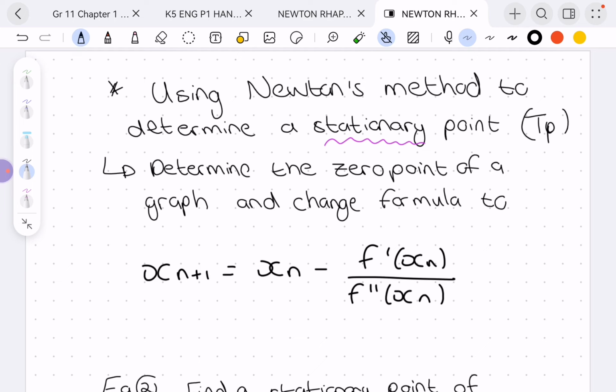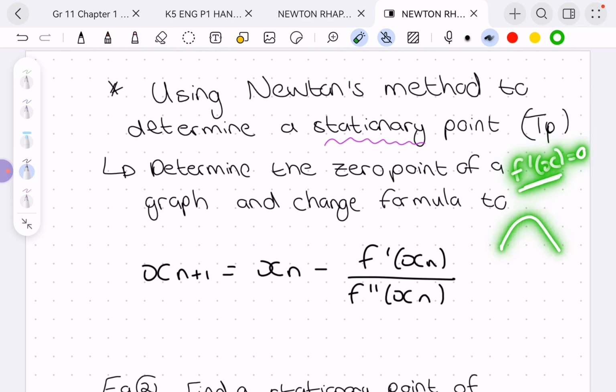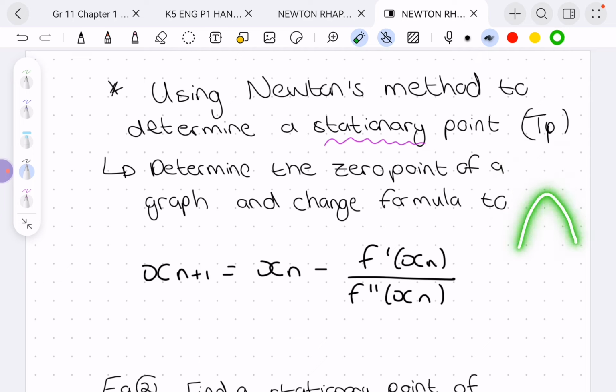And we know that at stationary points, the first derivative is equal to 0. The first derivative gives me the gradient, and the gradient at the turning point, at the top of the hill, is equal to 0.